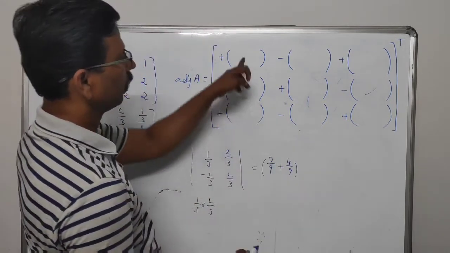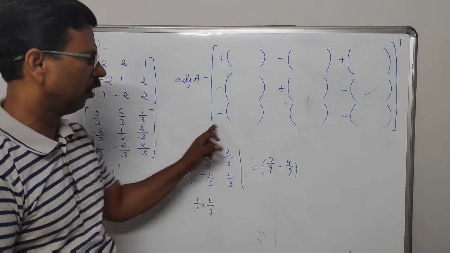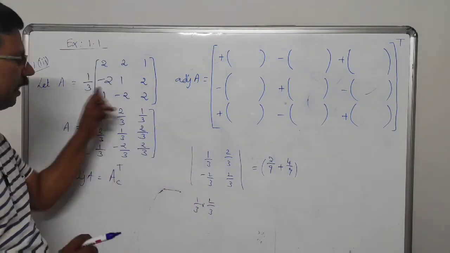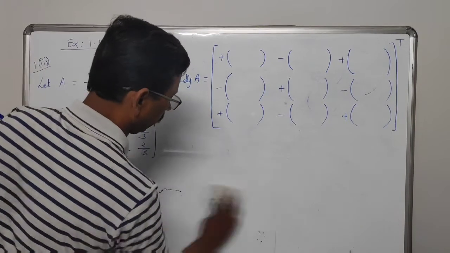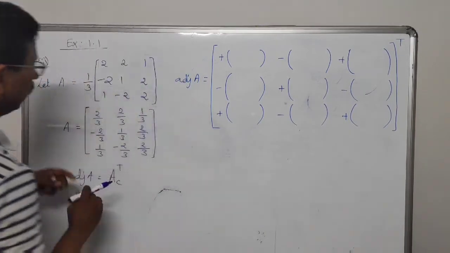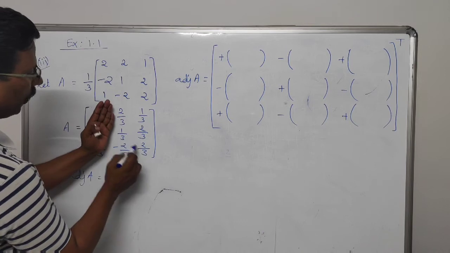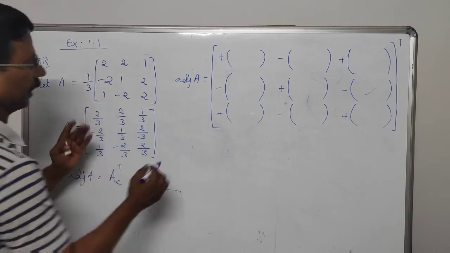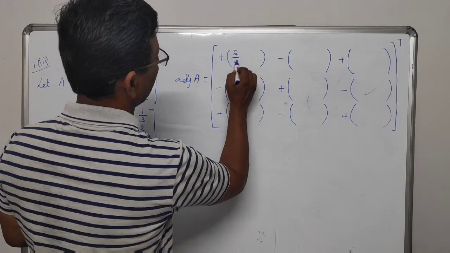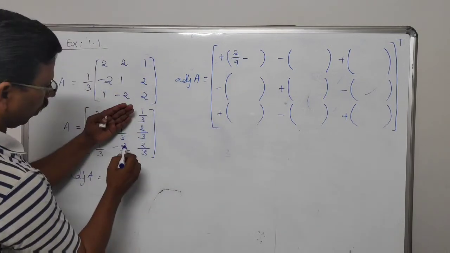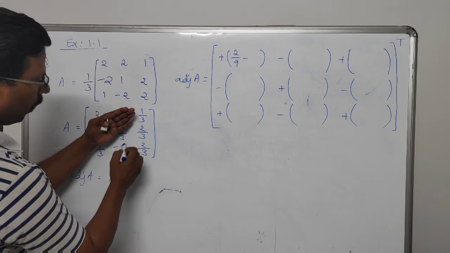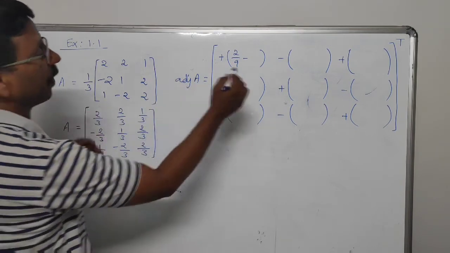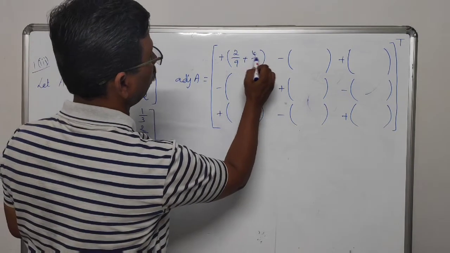Now this value you have to write here. But you will not do it like this every time; you can multiply directly here. How do you multiply? First leave this first column: 1 by 3 into 2 by 3 is 2 by 9. You can write 2 by 9. Then minus of, this is minus 2, this is 2, minus 4 by 9, minus of minus gives 4 by 9.